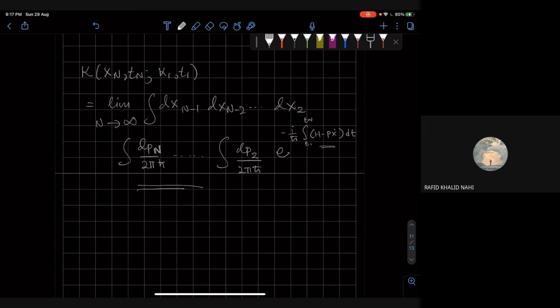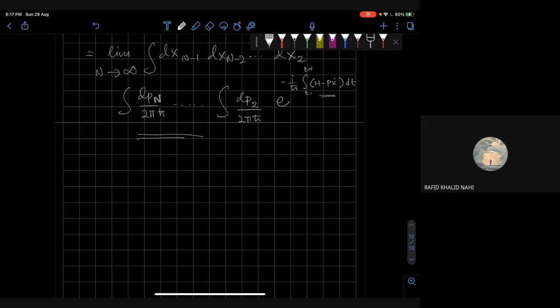So for example, if I take the simplest example where t_1 is here and t_n is here, say t_n is t_3, so I just divide it by 2, so this is t_2. Then what am I going to do? I'm going to have one propagator here, and I'm going to have one propagator here.